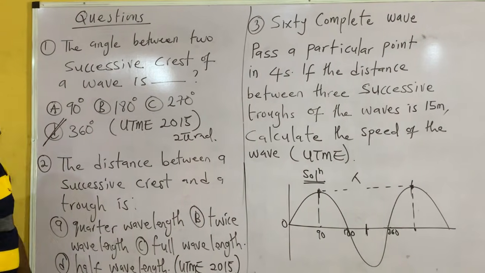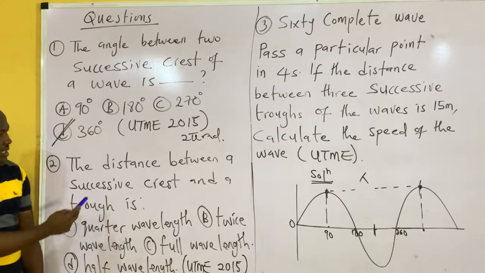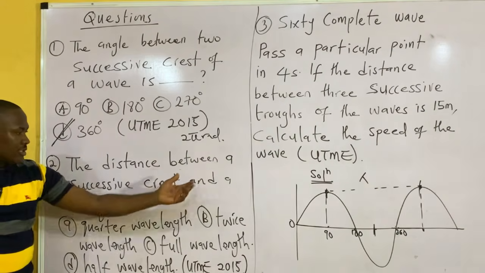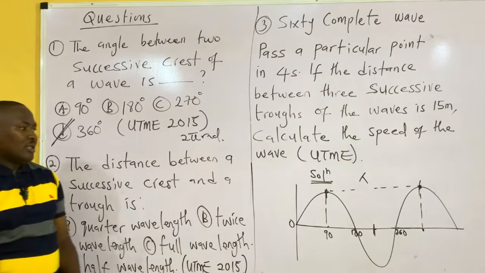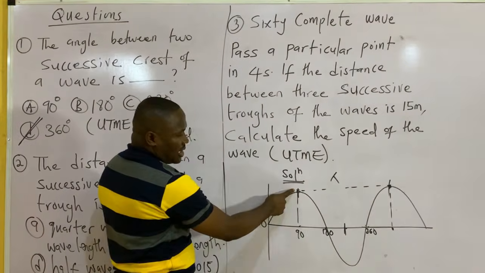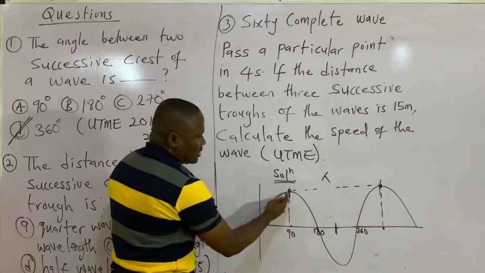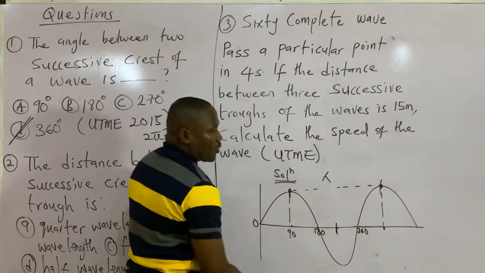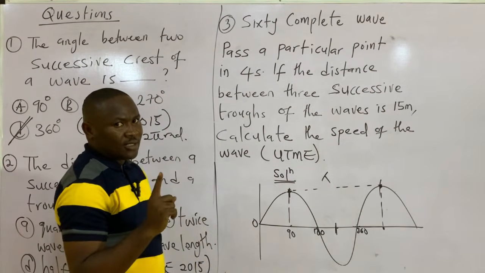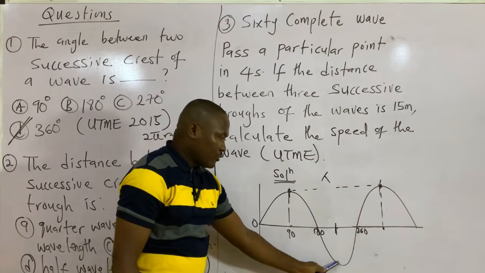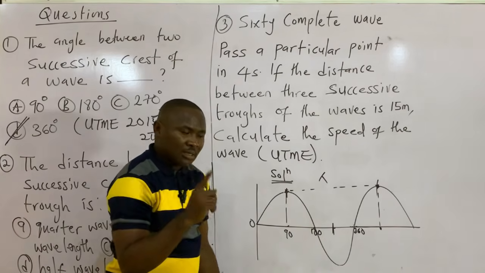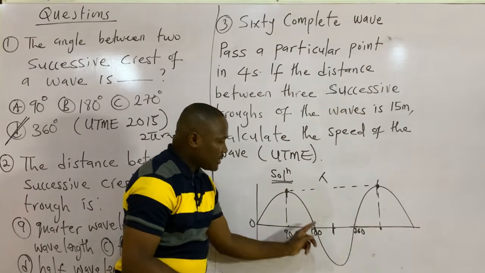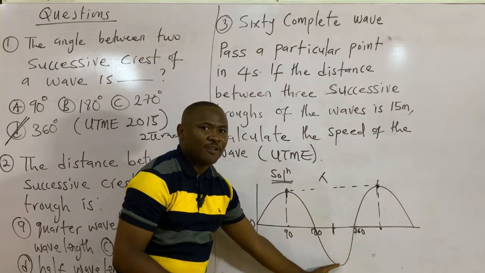Now the second question again says, the distance between a successive crest and a trough is dash. Now remember, this is a crest and this is a trough. So the distance between a crest and a trough, remember we said, is 180 degrees. And between a crest and a crest is 1 lambda, but between a crest and a trough is half a wavelength.